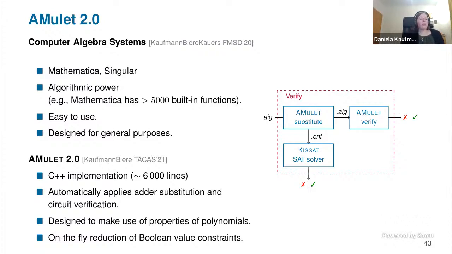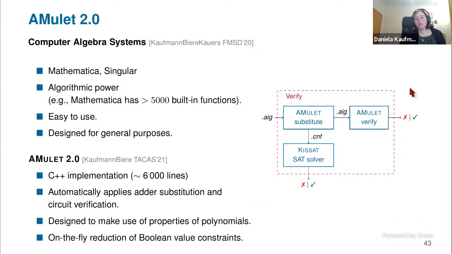And all the polynomial algorithms which are implemented there are designed to make use of the properties of the polynomials, so that the leading terms are all single variables and so on. And what we also do is that we apply on-the-fly reduction of the Boolean value constraints. So in fact, we always calculate that x times x is equal to x and not to x squared.